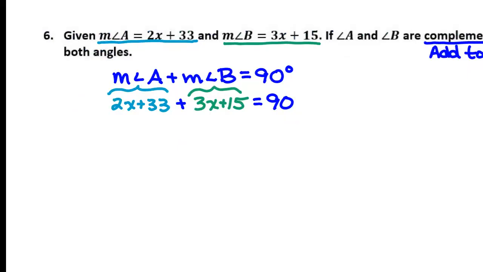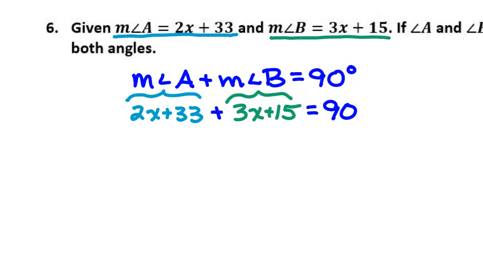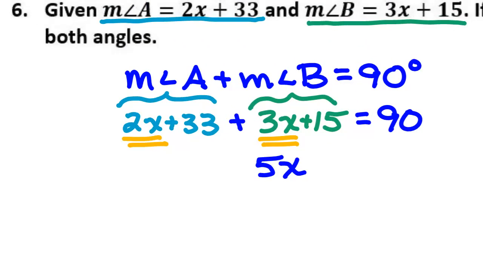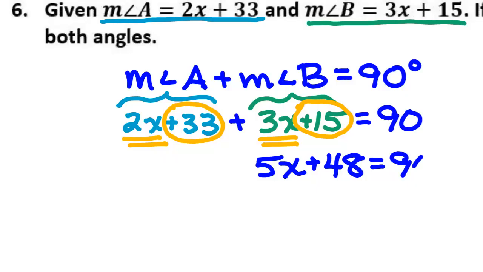And now we're going to solve this for x. So over on the left-hand side, the first thing we need to do is combine our like terms. 2x and 3x combine to give me 5x. And then we have to combine our constants also, 33 and 15. 33 and 15 would combine to give me what? 48. So 5x plus 48 equals 90.